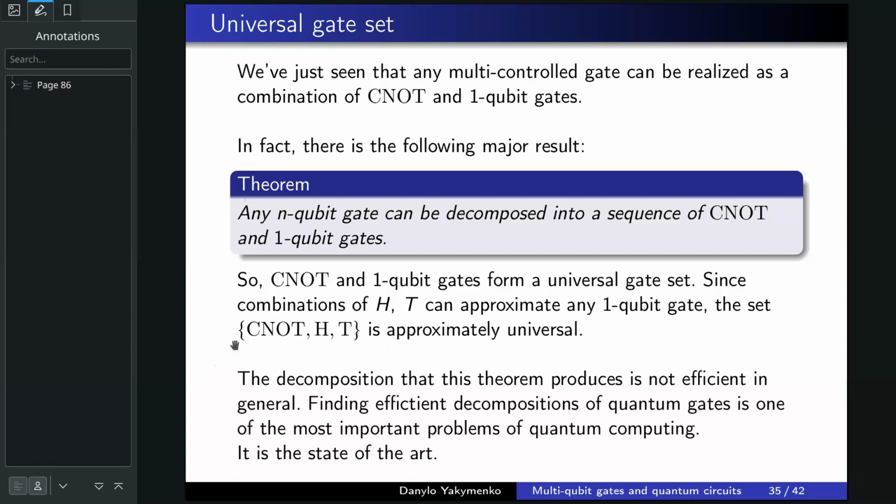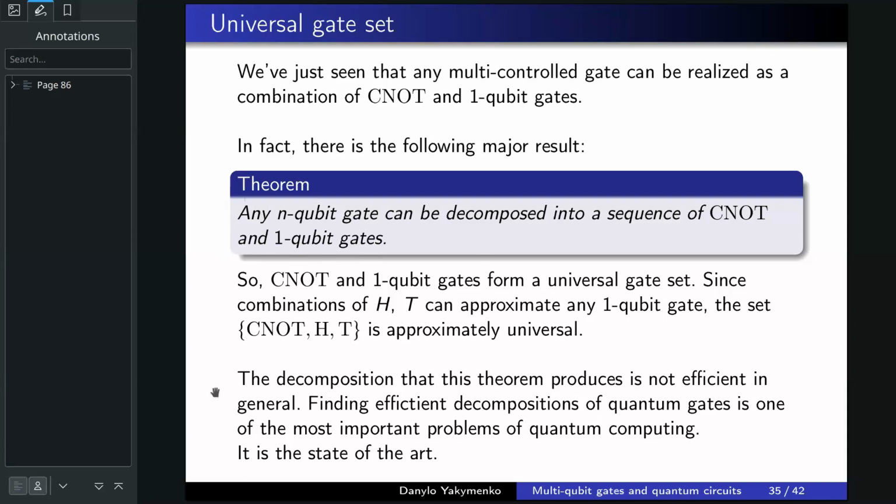Now, this theorem gives a decomposition, but this decomposition is not efficient in general. In general, it requires an exponential number of elements of these CNOT and 1-qubit gates. And in general, this is not very useful.